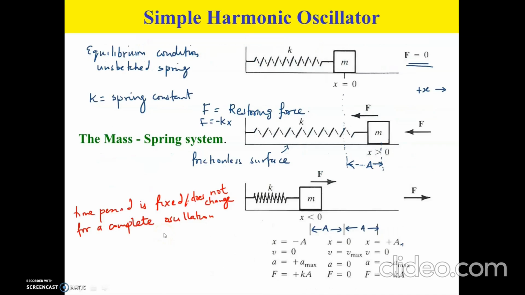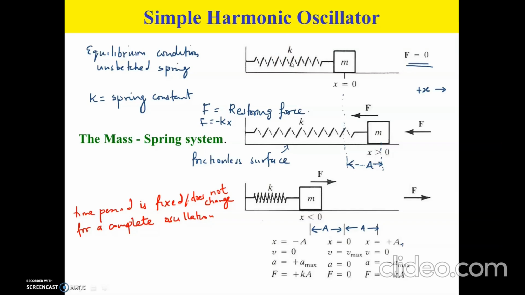So let's take an example of a spring that at the initial equilibrium condition is unstretched, and there is a mass m attached to the spring, which is characterized by the spring constant k. This is a property of the spring which tells us whether it is a stiff spring or a flexible spring, depending on the value of k.